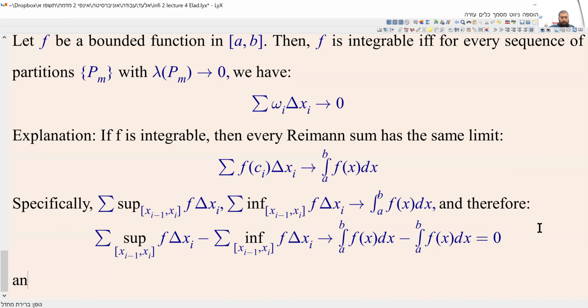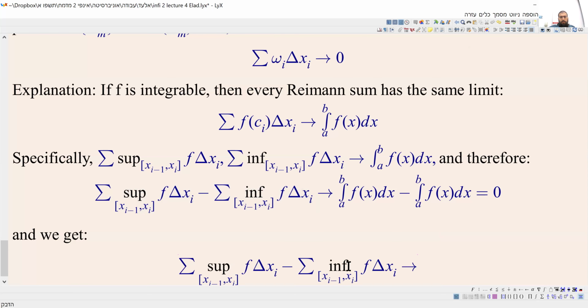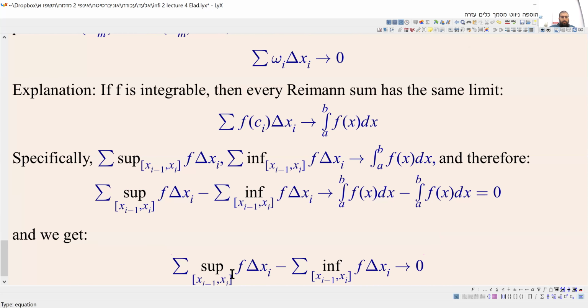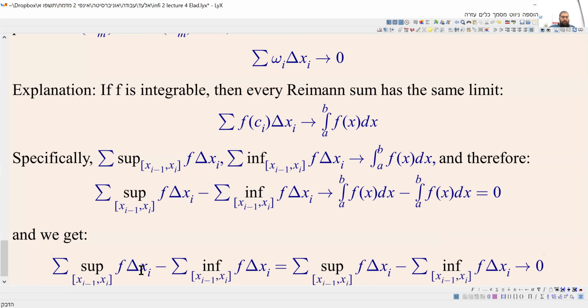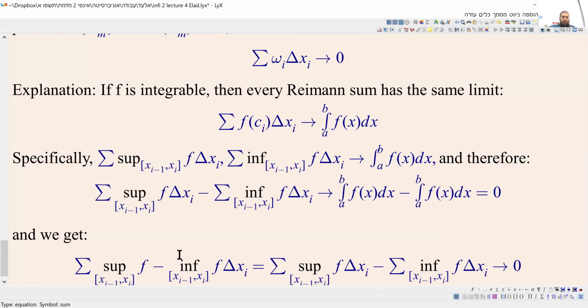And we get this little fella goes to zero, but one can write it down in just one sigma: the sum of sup minus inf, and sup minus inf is actually omega.